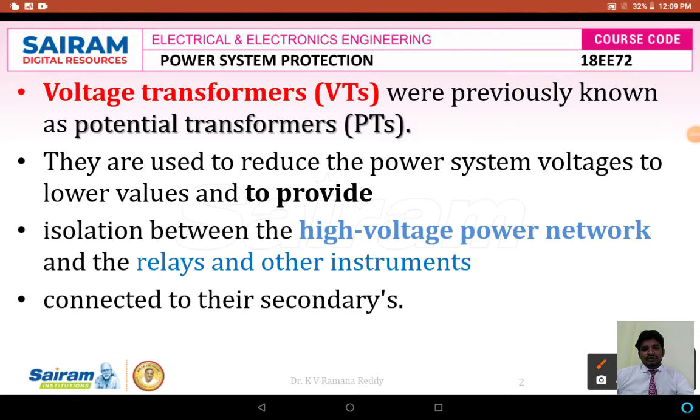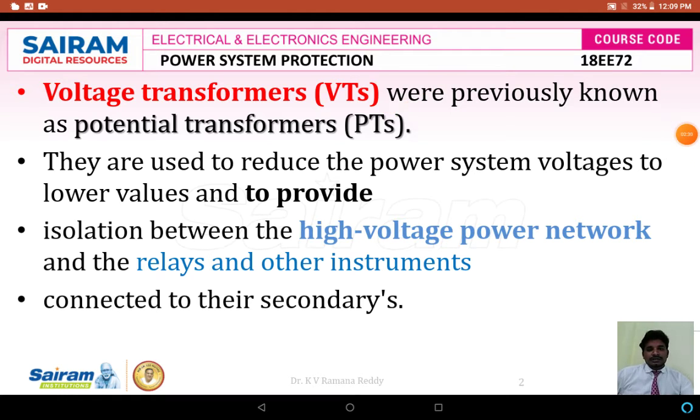Through these voltage transformers, we step down the available voltage to a lower voltage, measure that low voltage, multiply by the multiplier value, and read the higher voltage value which is at the primary side.